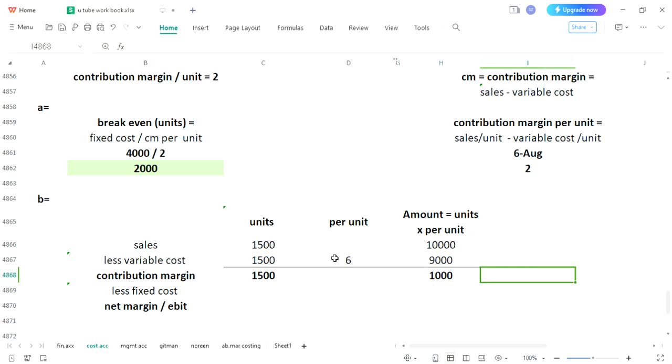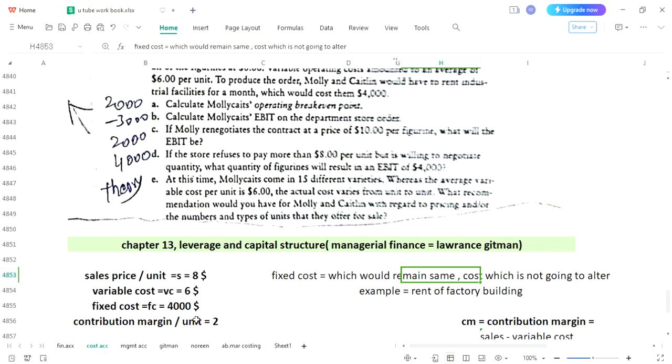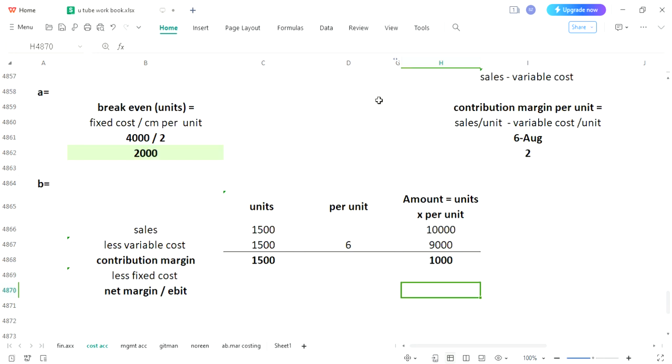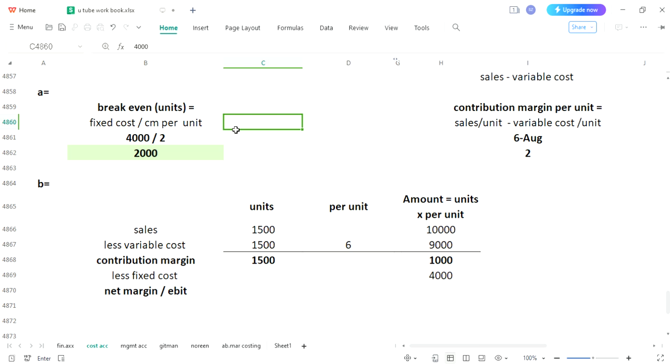Which is 1000. And for fixed cost, let's go back, and here we have mentioned fixed cost is $4,000, which was given in your question. Since a place has been taken on rent and $4,000 have been paid to the landowner, it means your total fixed cost is 4,000.